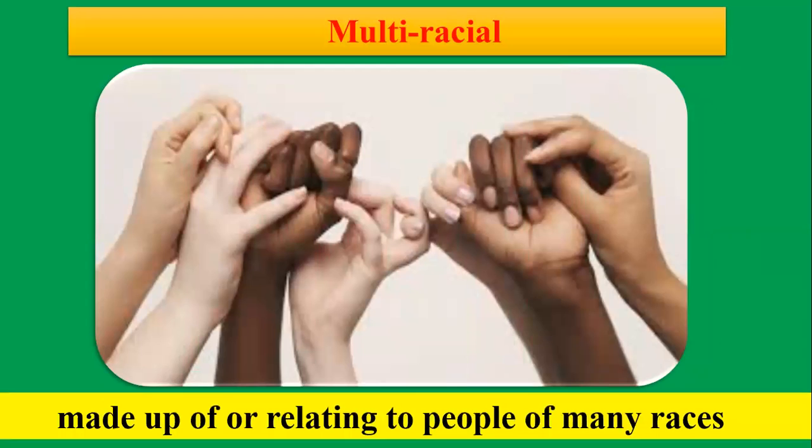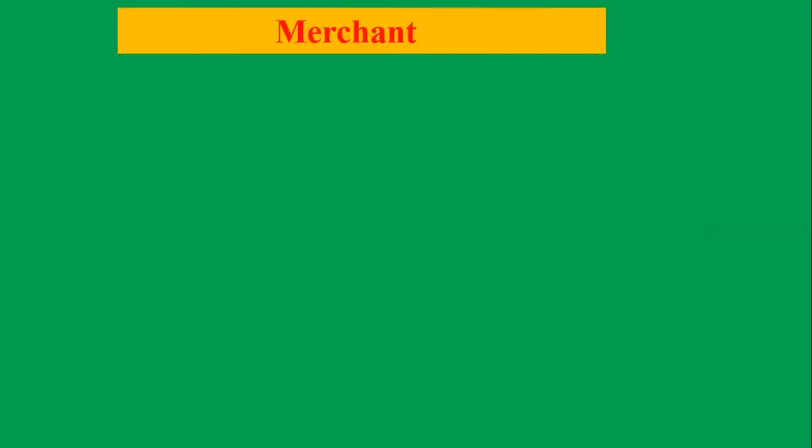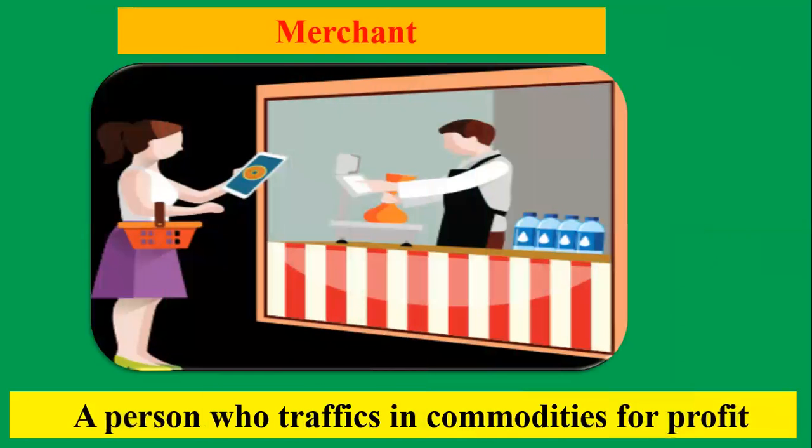Multiracial means made up of many races. Chronicle means a factual written account of important or historical events in the order of their occurrence. Merchant means a person who traffics in commodities for profit.